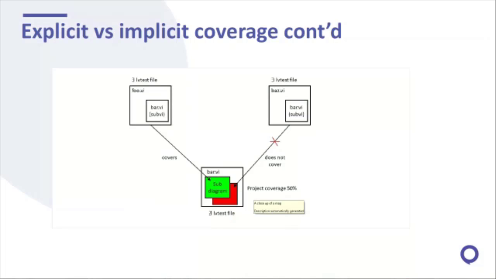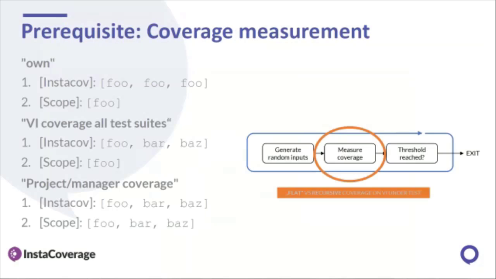So when we throw in everything, the coverage measurement gives a project coverage of only 50% for VI bar, which doesn't have a direct test. The coverage is 50% because only one is covered by foo, through a sub VI call.